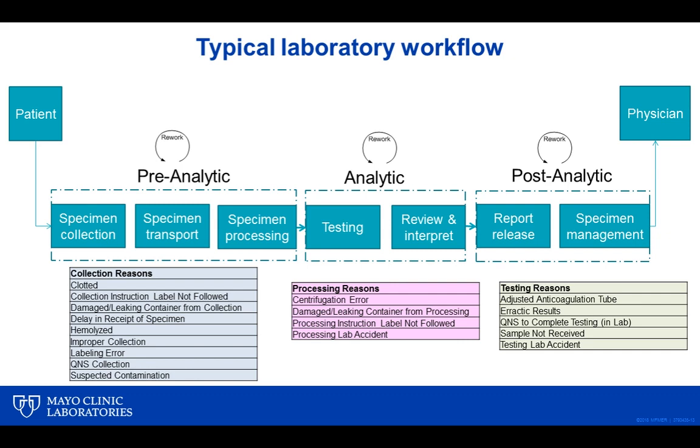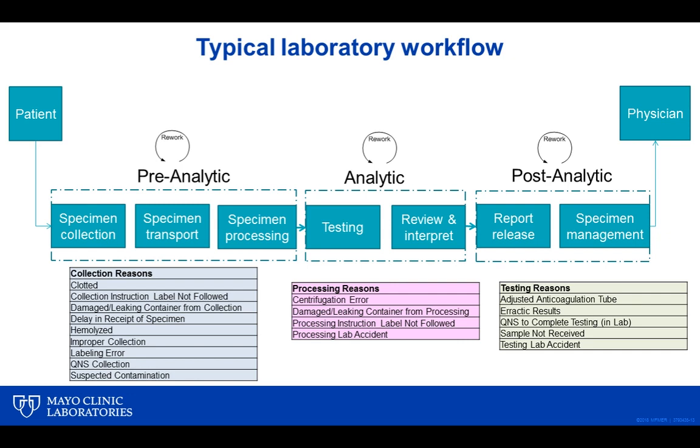If it's erroneous, now we have a bigger issue of having to explain to the physician why we had wrong results on the wrong patient. So the better systems that we have in place to catch some of these issues, the better. And the further upstream we can catch the error in the process, the more it reduces the cost of fixing it.